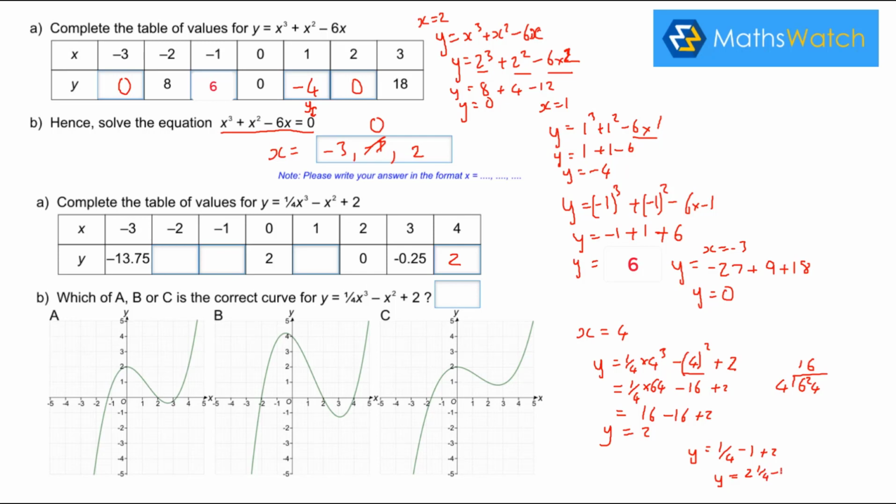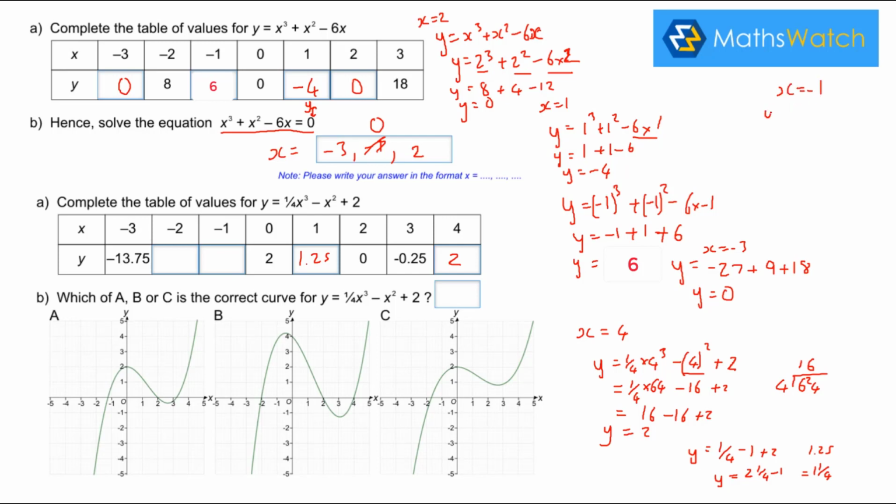You've got 2 quarters minus 1, together. So what's 2 quarters minus 1? Equals 1 and 1 quarter, which you should know is 1.25. So that is 1.25.